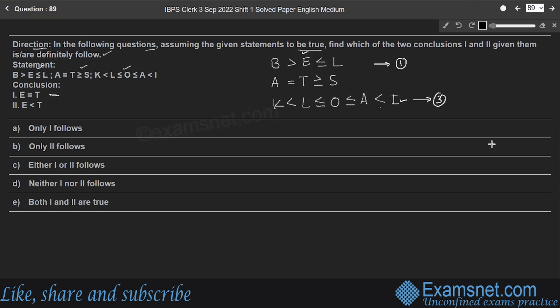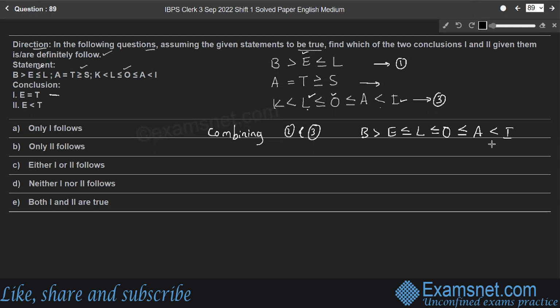So in the third statement, we'll start from L. L is less than or equal to O. So combining 1 and 3, we can write B is greater than E is less than or equal to L, and L is less than or equal to O. So consider only L. L is less than or equal to O, and O is less than or equal to A, right? So A is less than I.